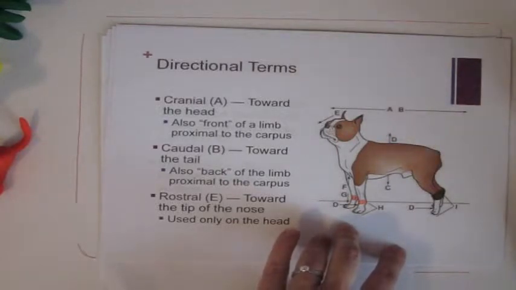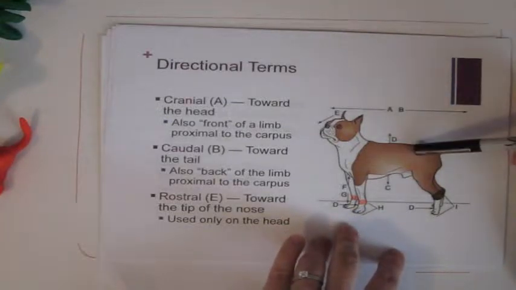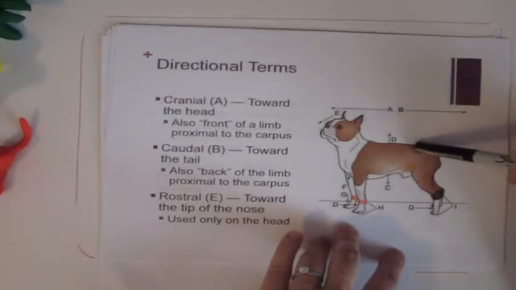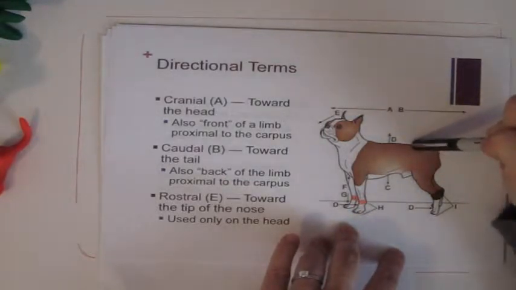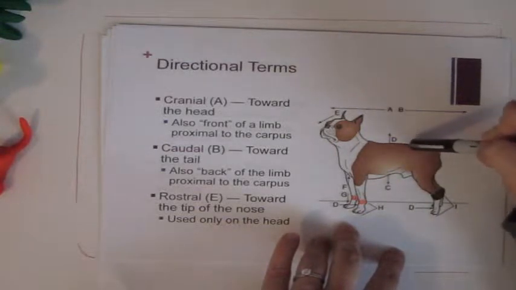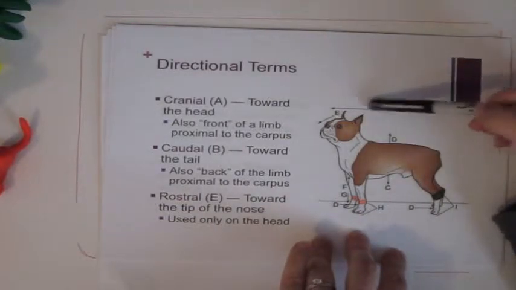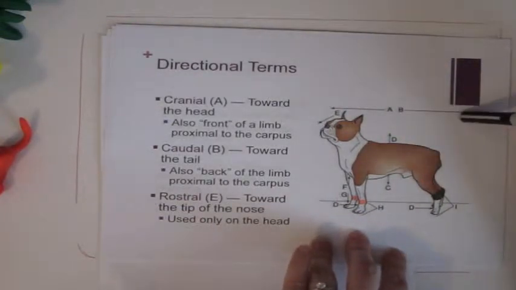So, like I said, the more anatomy you know, the easier it'll be to describe where this lesion, cut or scrape is, and you can talk to a doctor over the phone and describe exactly where that is so they can understand. So those are the terms cranial and caudal.